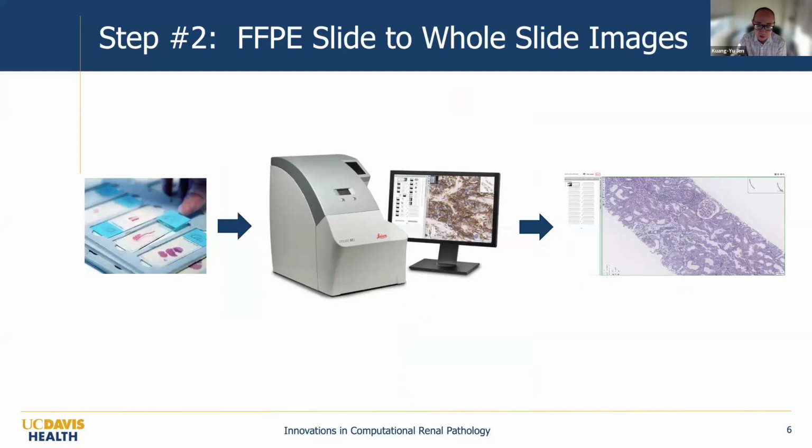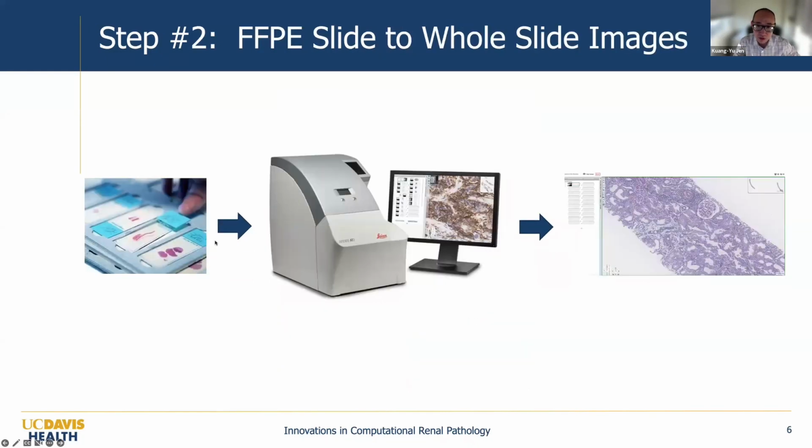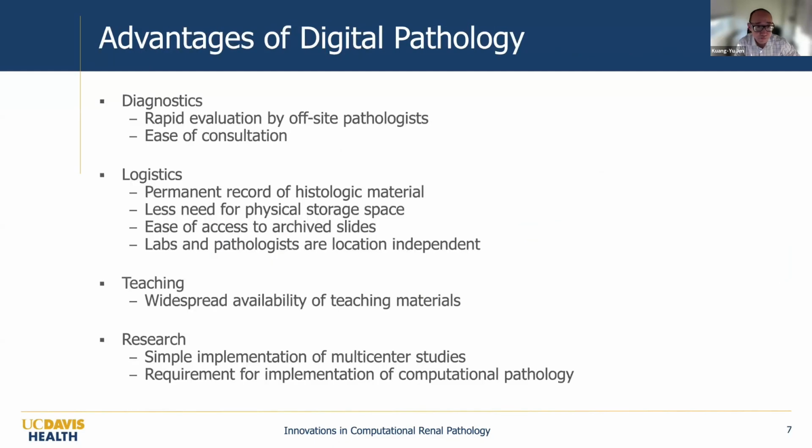But now we have an additional step of digitizing these slides so that the information can be used for computational analysis. There is a field looking at going from tissue straight to digitized images, but I'm not going to cover that today. But that's a pretty exciting field. That way, it would bypass all the steps that currently we would need to produce digitized images.